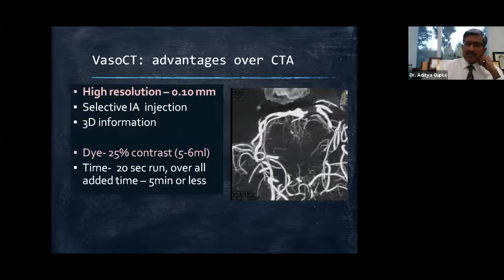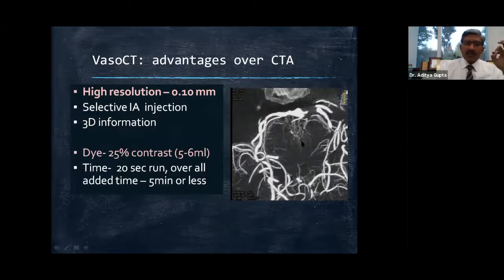Now, the advantages of this Vaso CT, which is basically a very fine quality cone beam CT, is that it is a very high resolution imaging. And I would like to draw your attention to this image here, in which you see the brainstem, the basilar artery, and the PCA, and these fine perforators as they enter the substance of the brainstem.